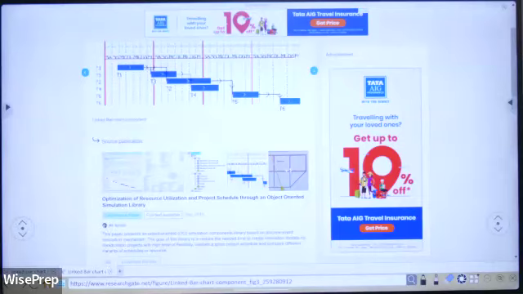Done. So it can be used for monitoring of project including cost.